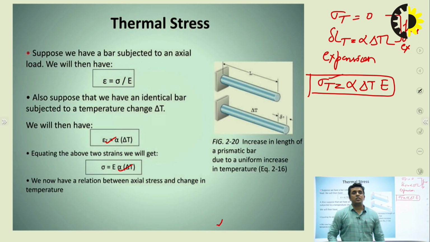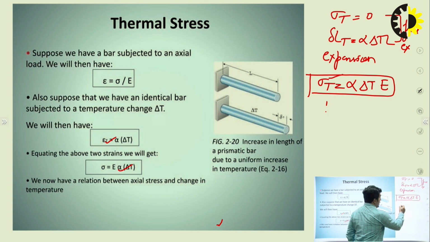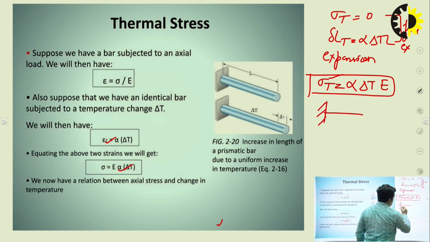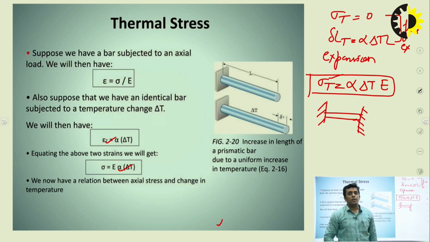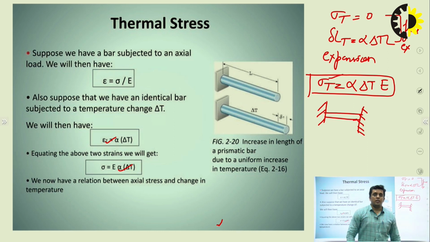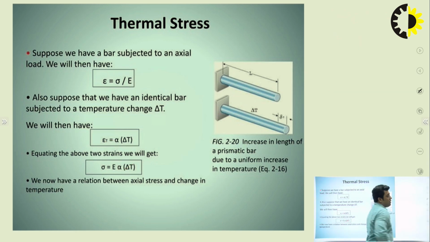Whenever there is a restriction, there is an introduction of thermal stress. And this is valid when the restriction is like this, a member fully restricted. Then we have thermal stress. Sometimes there can be a case when a member is partially restricted, like this.